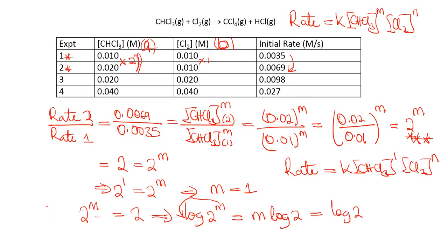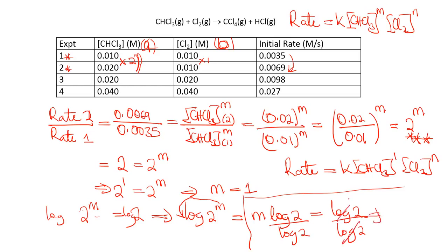So we just took logarithms of both sides. If you divide both sides by log 2 to get rid of the logarithm, you find that m is equal to 1. So we are just saying that our m here is equal to 1, and then we just change this m to become 1.